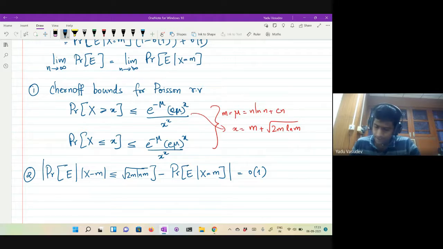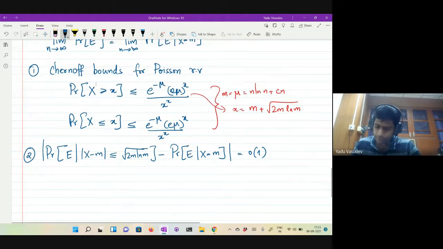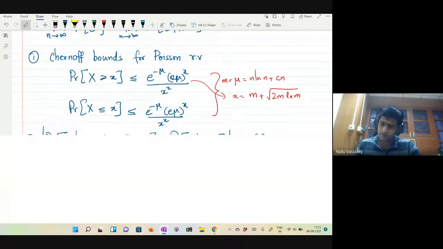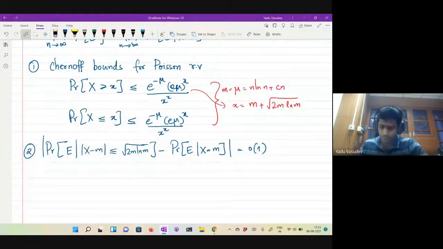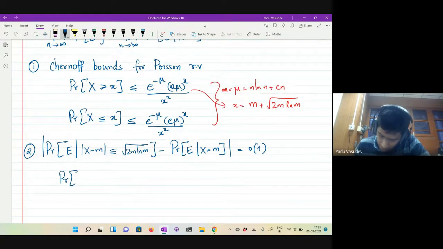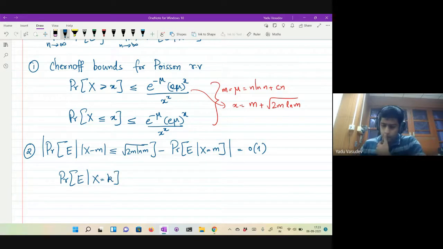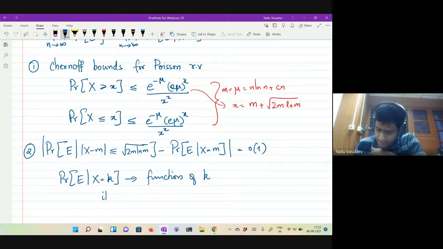And to do this, we will start with a simple observation first. Look at this quantity, the probability of E given x equal to k. If you think of it as a function of k, then it is monotonically non-decreasing.